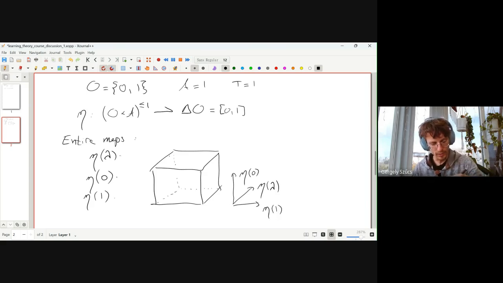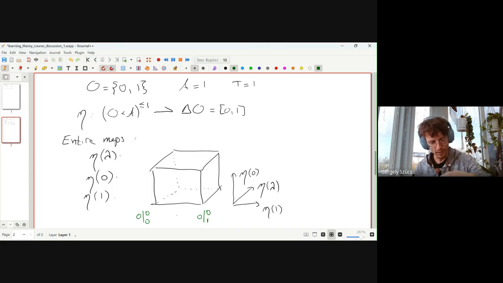But then, if you take a closer look, let's say what the corners are. This corner would be 0 on the empty input, and then 0 on observing 0, and also 0 on observing 1. While this corner would be 0 on the empty input, 0 on observing 0, and 1 upon observing 1.